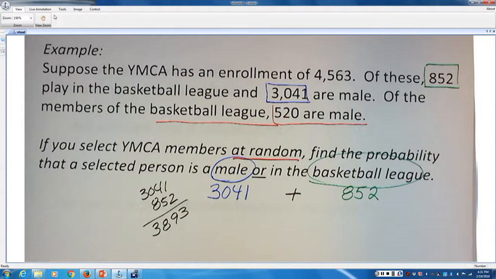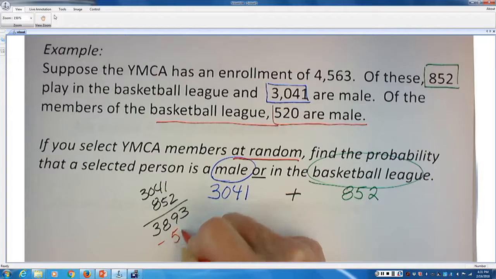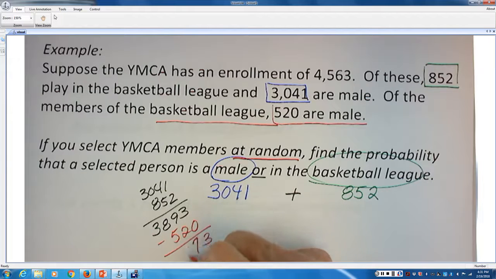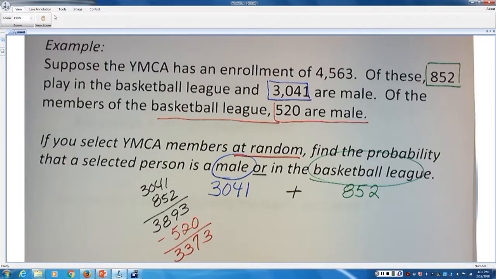They were in both categories. So then we have to subtract out that 520. So in reality, there's only 3,373 men or basketball players.